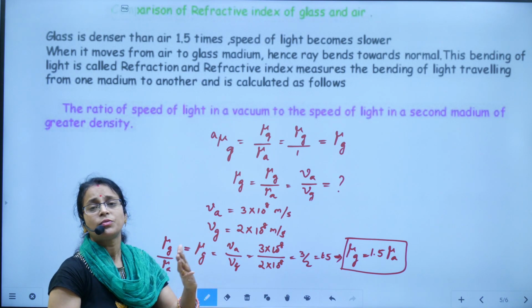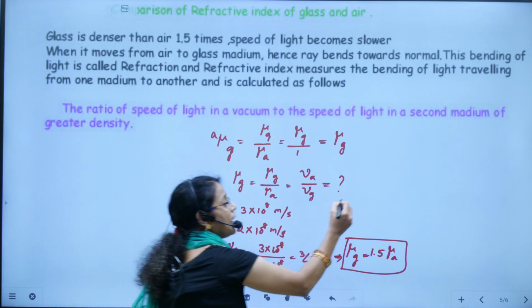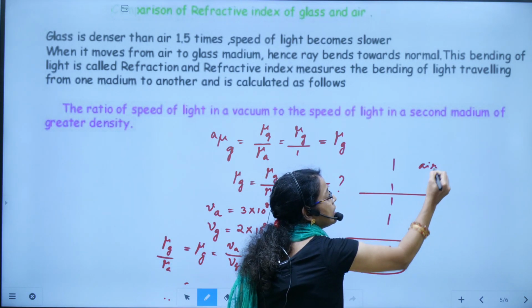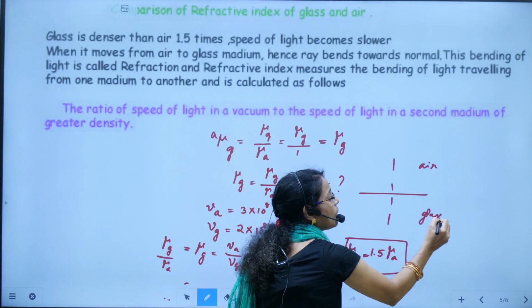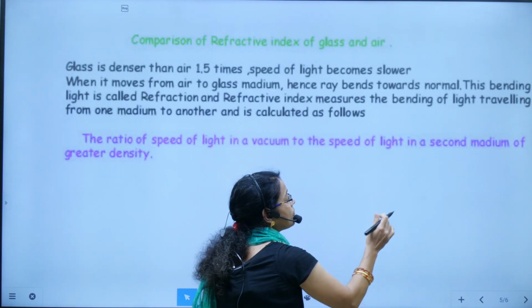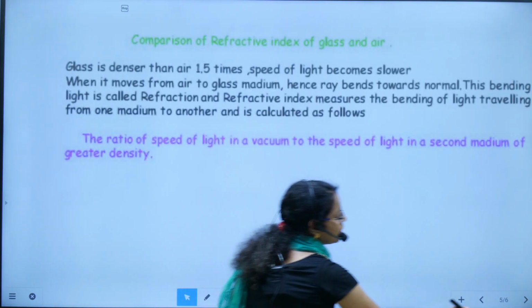So when it travels from the air medium to the denser medium, if we take this as the air medium and this as the glass medium, how will the ray of light travel after refraction?